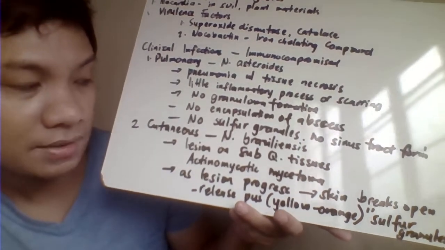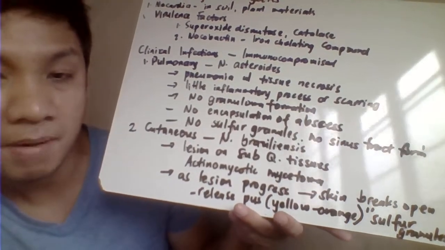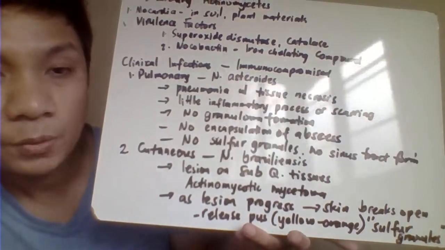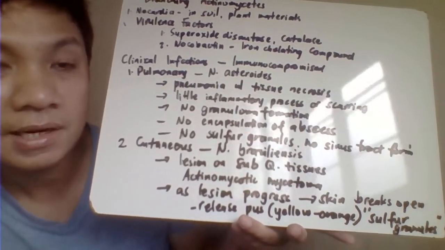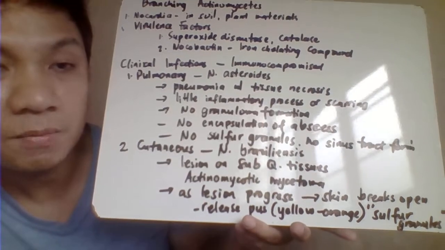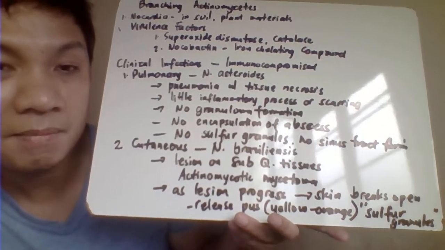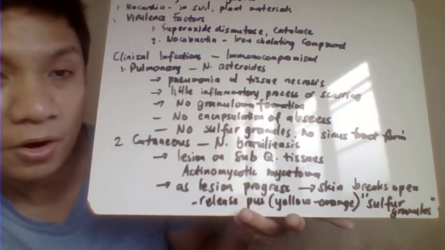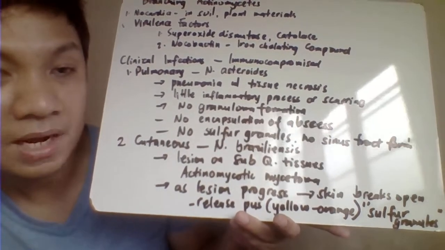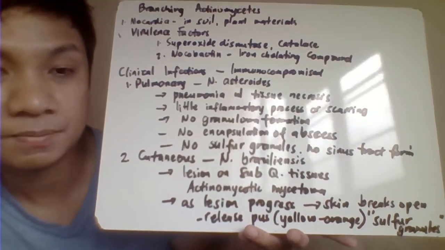You call that actinomycotic mycetoma, which later on, pag hindi siya nagamot, the lesion tries to worsen and break open. So, lalabas na may nana, and the nana here is yellow-orange. That's why tinawag siyang sulfur granules.